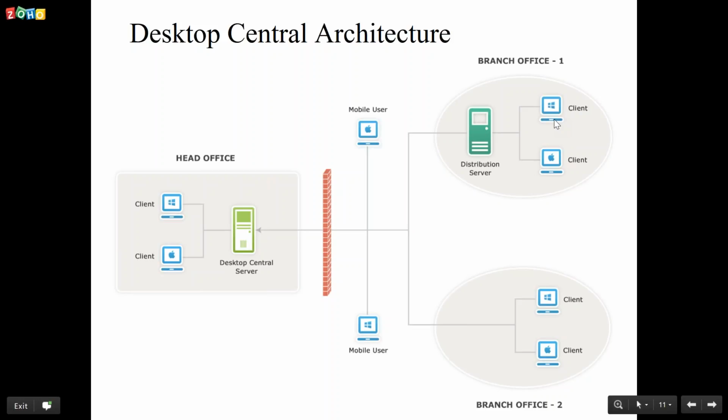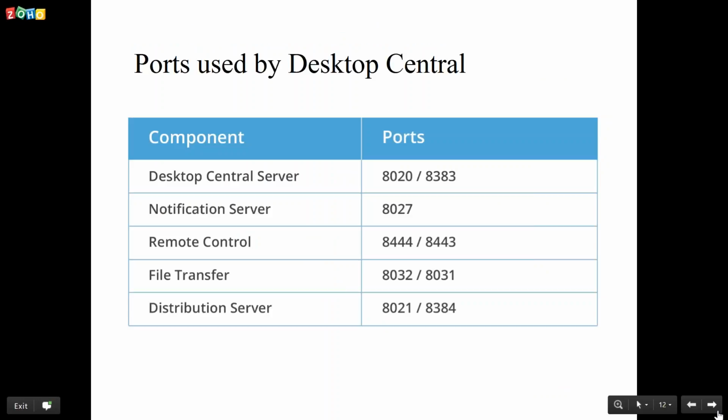Roaming users can access the Desktop Central server through VPN, a virtual private network, or by NATing, network address translation. You need to open the required ports on the server side, which ensures the computers are managed accordingly. These are the ports that will be used.